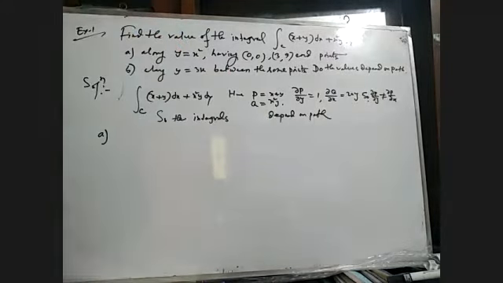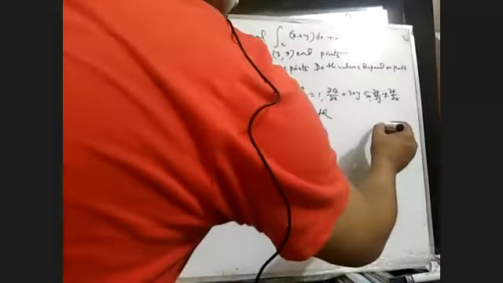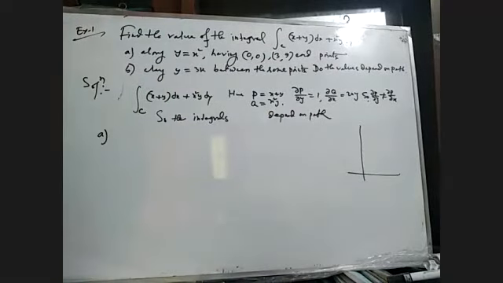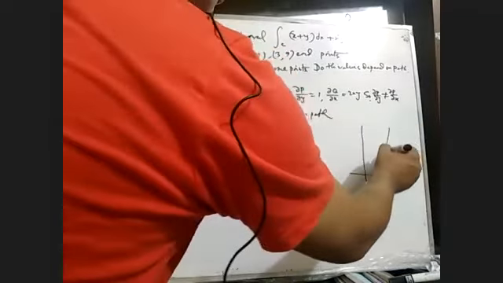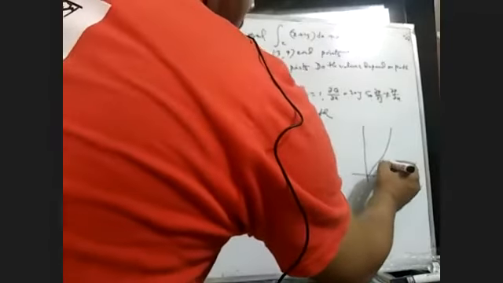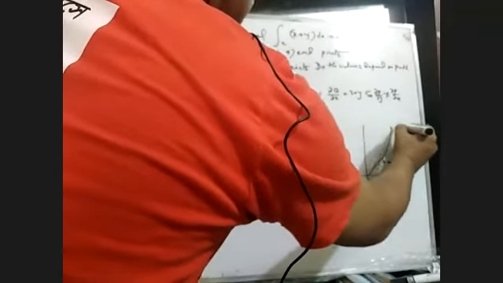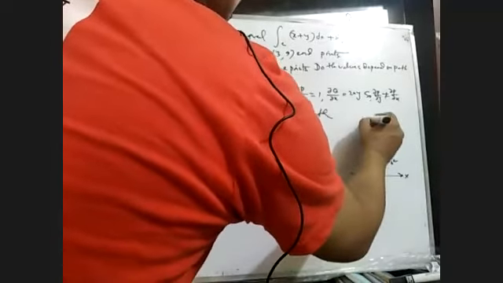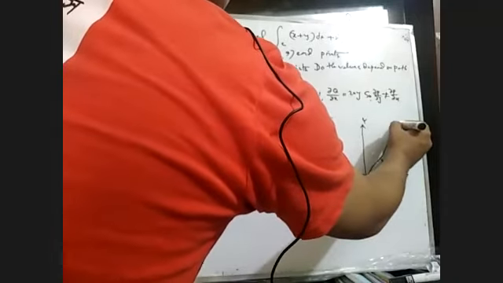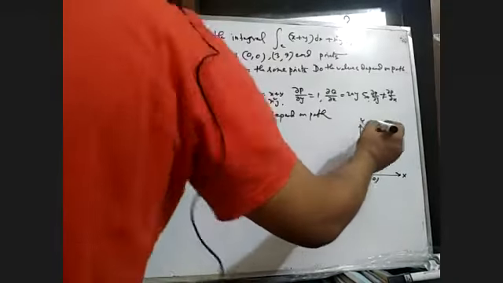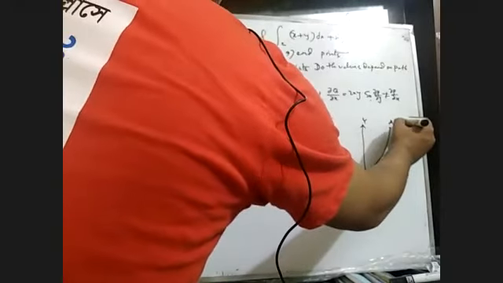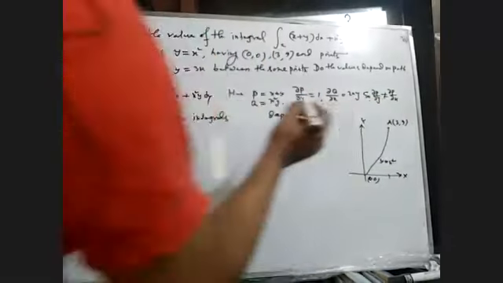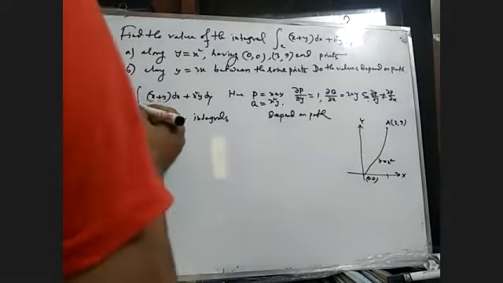This is why. So for the first part, we can draw the curve y equals x square like this. The starting point is 0, 0, the origin, and this is the x-axis and this is the y-axis. The end point, suppose this is point A, is (3, 9): 3 along the x-axis and 9 along the y-axis as ordinate.